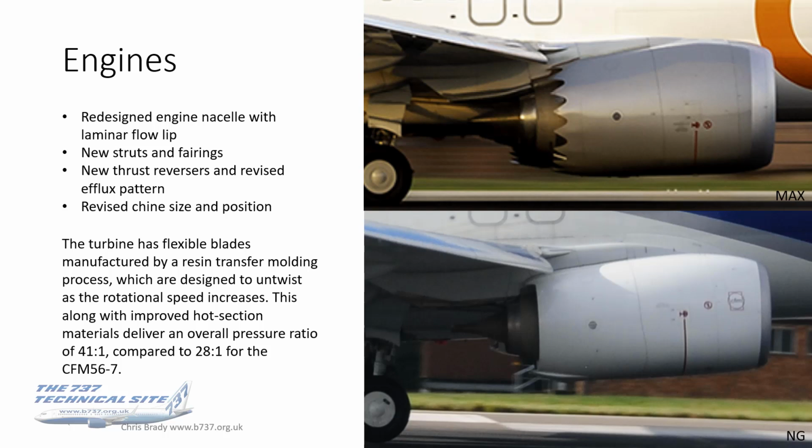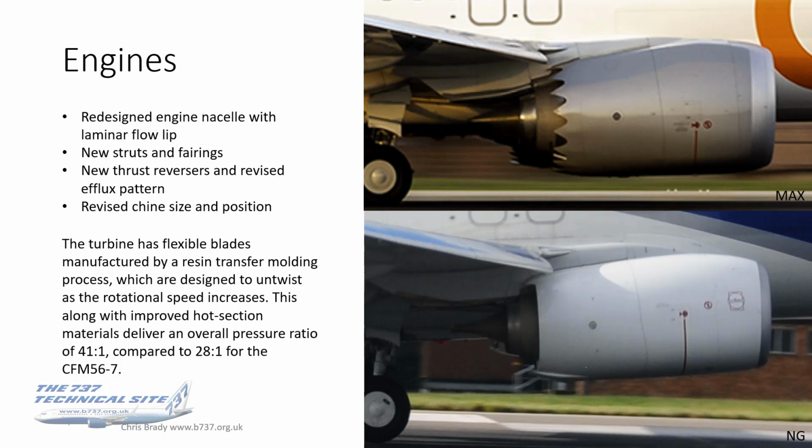New struts and fairings to accommodate this LEAP engine and the mounting of it. New thrust reversers and revised efflux pattern. You can just about see on the photos the markings, the two vertical lines, if you like, where the thrust reverser comes back. It's significantly further forward than it is on the NG. And revised chine size and position.